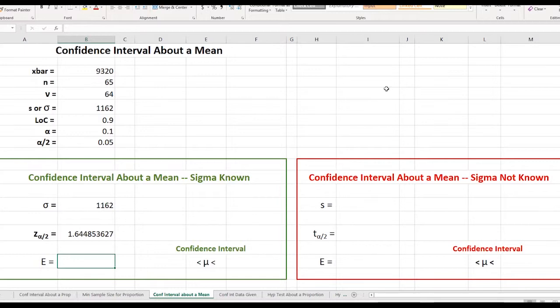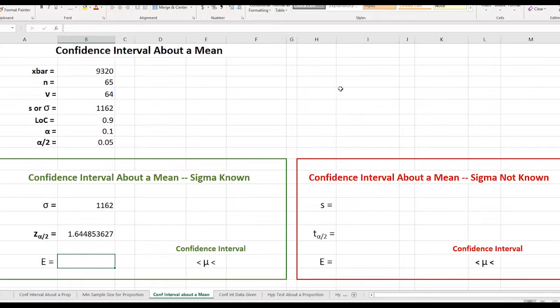Now we do our E calculation. The E calculation, if you remember, when sigma is known, was z sub alpha over 2 times sigma over the square root of n. One of the beautiful things about that is that the order of operations is pretty easy. It will automatically take that into account if you just type it in exactly that way.